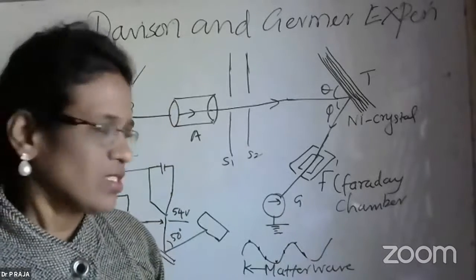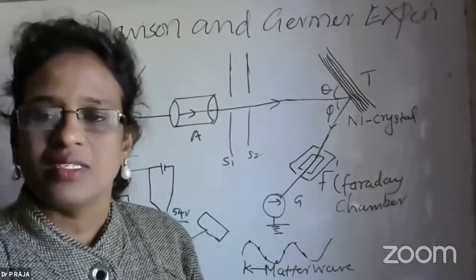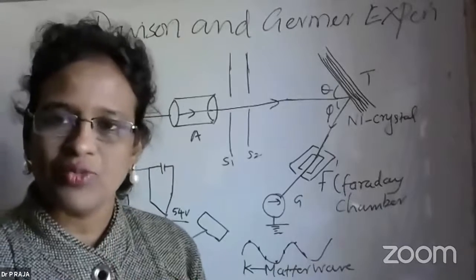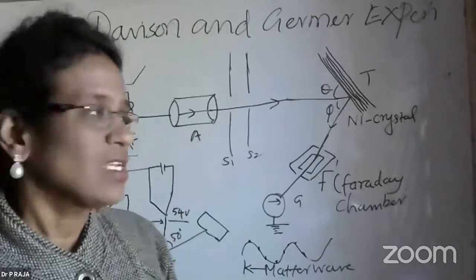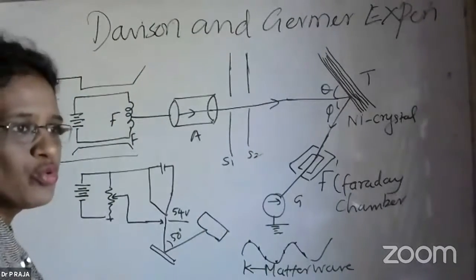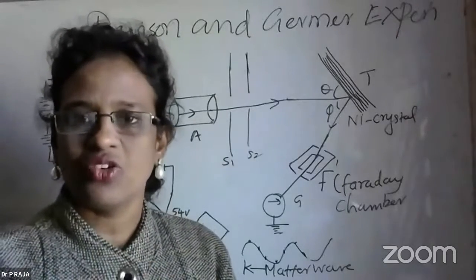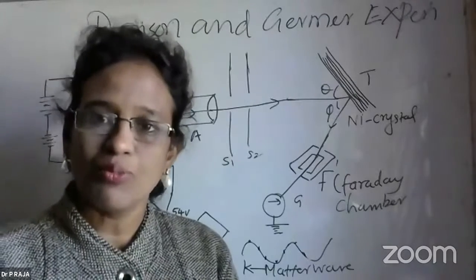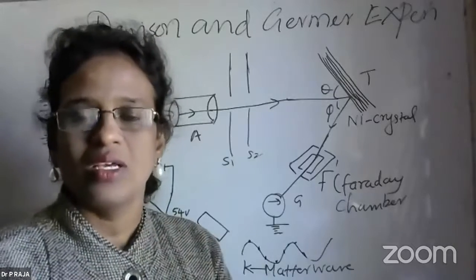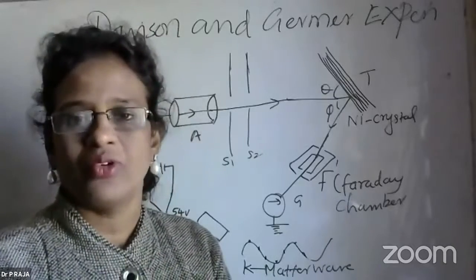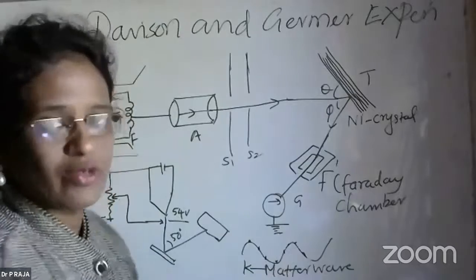After this explanation of the matter wave by de Broglie, there was a need to prove the particle as well as the wave nature scientifically. So later on, Davisson and Germer tried to prove the particle as well as the wave nature of the electron. Electrons and neutrons are all particles. But if we can prove that these particles, when moving in an orbit or in the form of a wave, show wave nature, then it is easy to prove the matter wave concept.